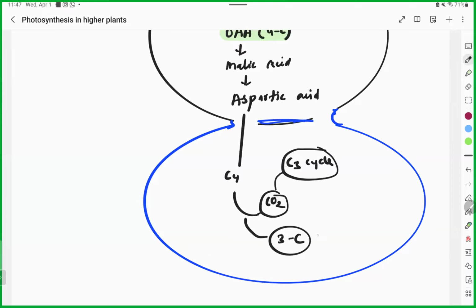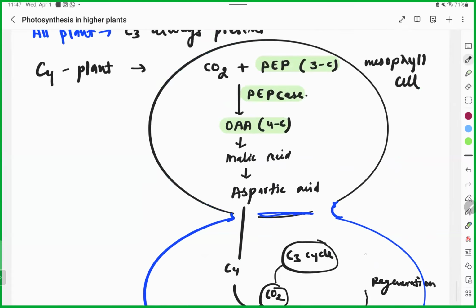This three carbon molecule will go back because regeneration happens, and regeneration of phosphoenol pyruvate. Done. This happens in the bundle sheath cell.